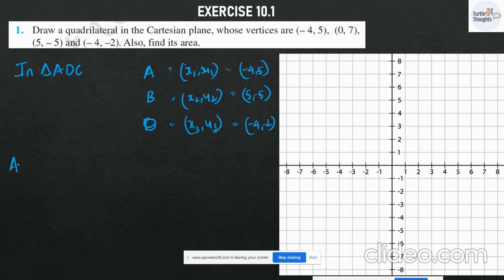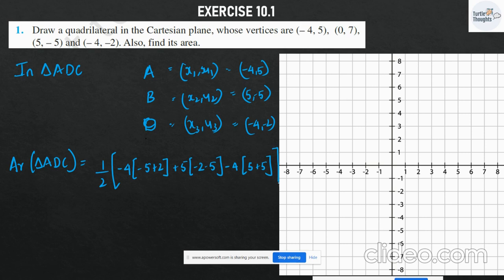Now area of your triangle ADC will be given by half multiplied by minus 4 multiplied by minus 5 plus 2, plus 5 multiplied by minus 2 minus 5, and you will be having here plus of minus 4 multiplied by 5 minus of minus 5, I can write as plus 5.